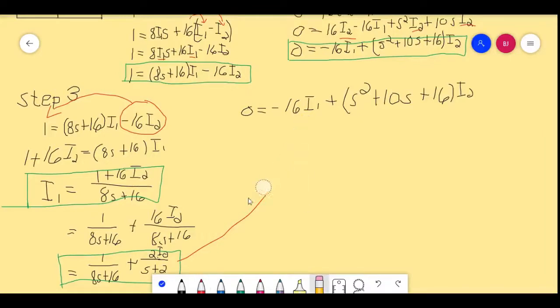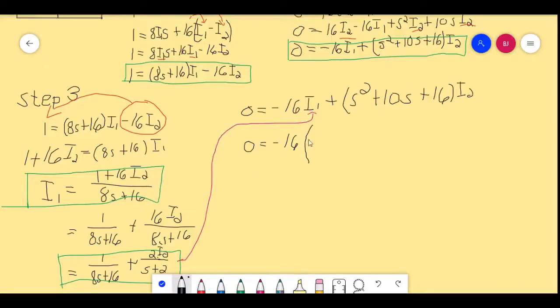Let me just leave a space for the solution. So we're going to substitute that here. Okay, remember that this is negative. Okay. So that would be 0. Then we have the negative 16. And then we'll replace I1 with this equation or that equation. Looking at this, I think I'd prefer using this instead.